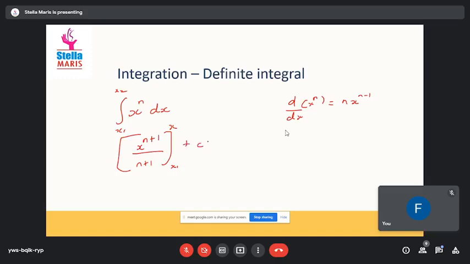There we will not include c. This constant of integration will not be there, and that type of integration is called a definite integral.